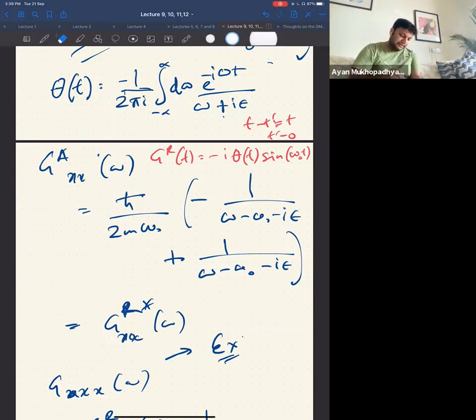There is of course this minus i h bar by m omega naught, and I think this minus i factor goes away. Yeah, this is what we found out last time in real time: this h bar over m omega naught.